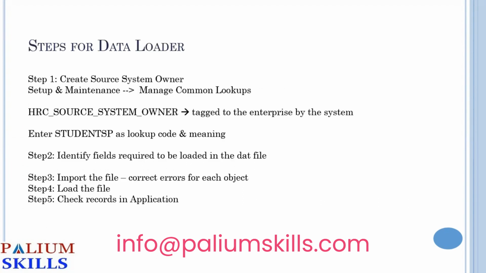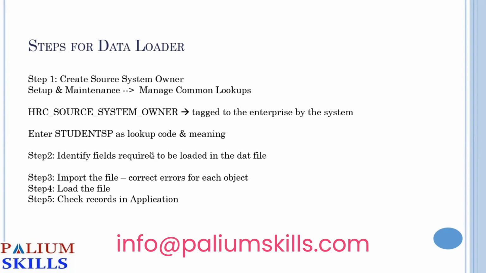So what are the steps for running the data loader? We need to create a lookup. You know how to create a lookup. The name of the lookup type is HRC source system owner. So you need to create the lookup and have a lookup code, maybe student SP, Fusion 2, Fusion 1, whatever you want to call it.